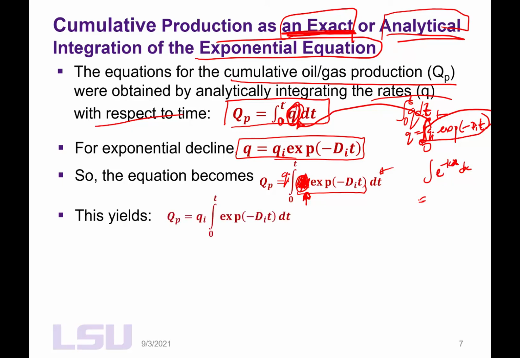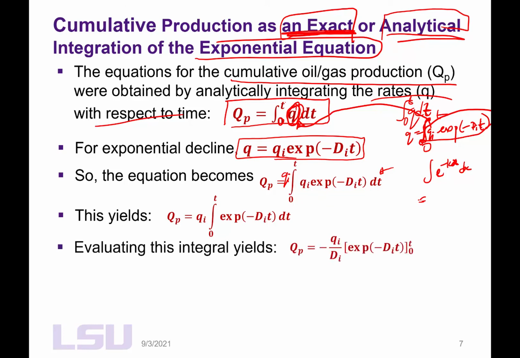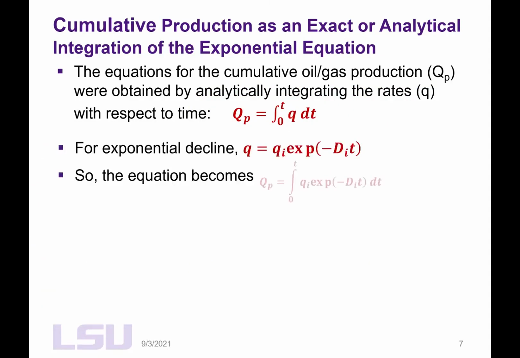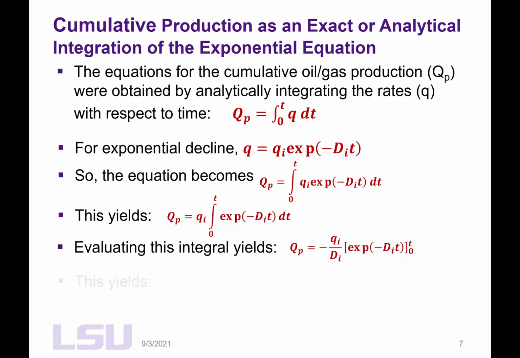Well, before we get there, I already explained you take this Qi, because it's constant, out of the parentheses. That's what you see here. This is actually where we evaluated the integration. So we know from calculus that this integration is going to be minus, right? Because you have a minus there. Basically what we are trying to do is integrate e.